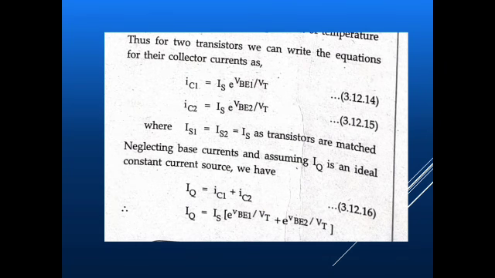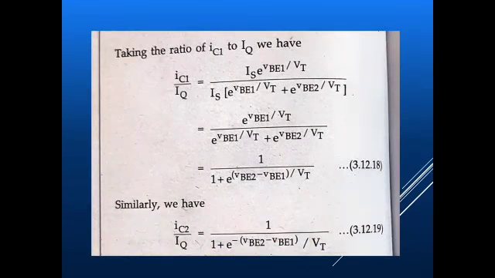Neglecting the base currents and assuming IQ is an ideal constant current source, we have IQ equal to IC1 plus IC2. Substituting the IC1 and IC2 values, IQ equal to Is into (e power VBE1 divided by VT plus e power VBE2 divided by VT).